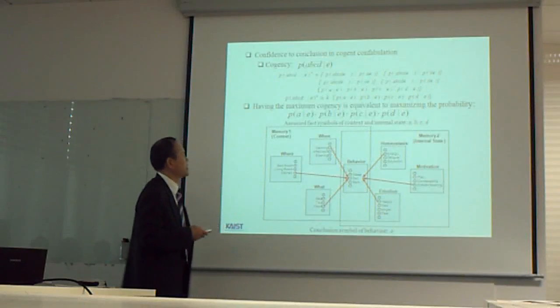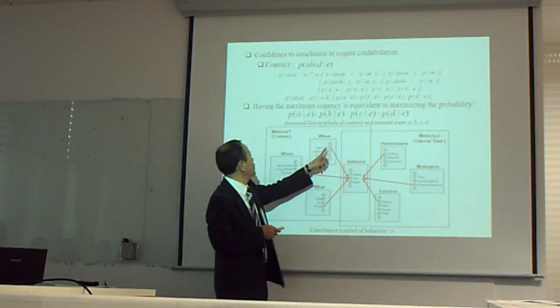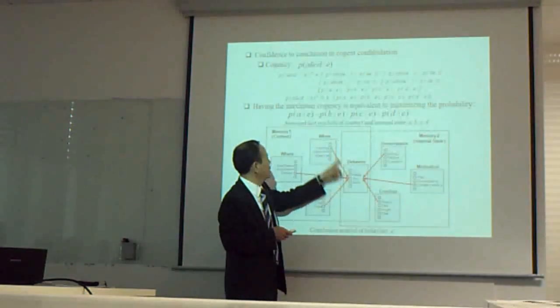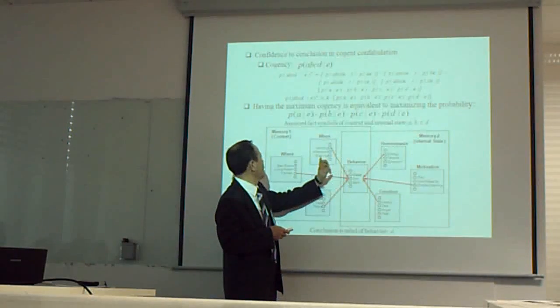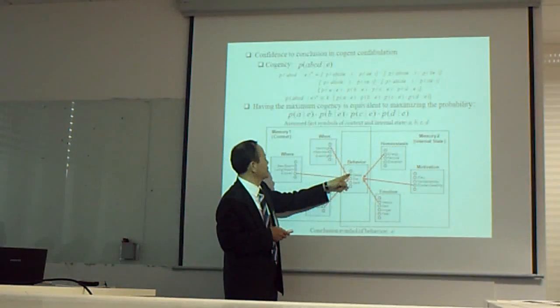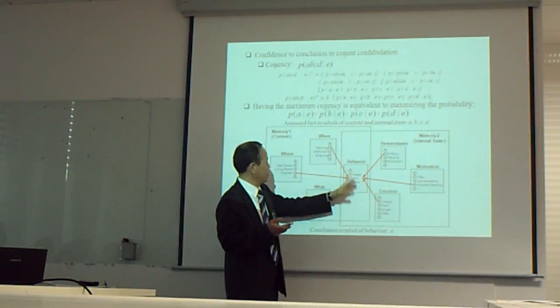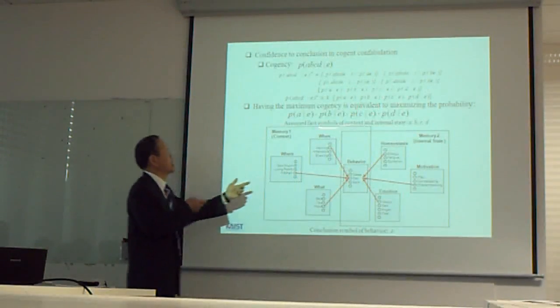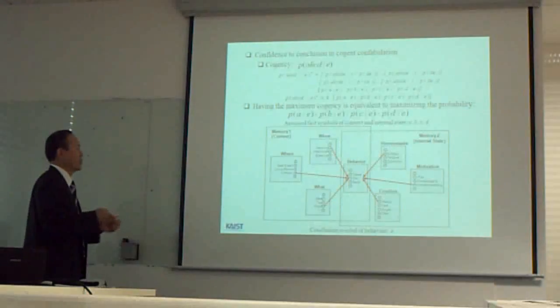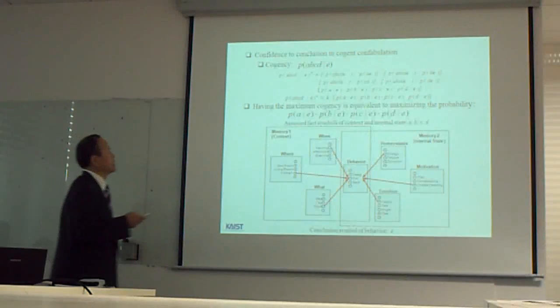And memory two is internal states. So for the relationship between morning and sleeping, a conditional probability can be assigned. For example, afternoon and sleeping behavior. By assigning these conditional probabilities, we can apply this cogent configuration scheme to this behavior selection mechanism.